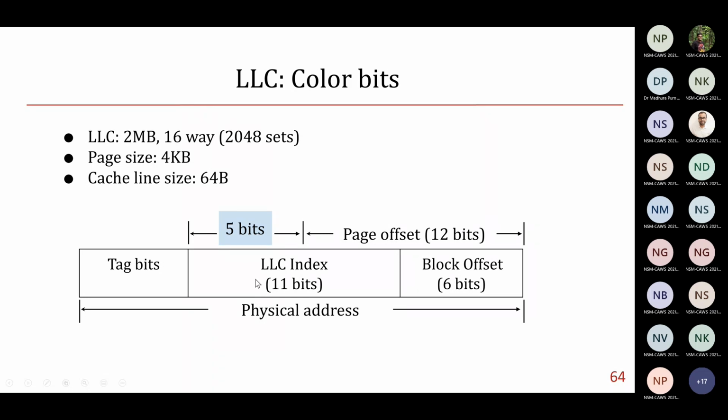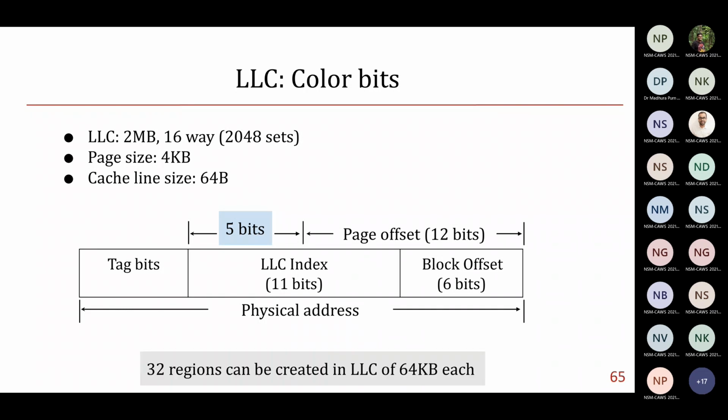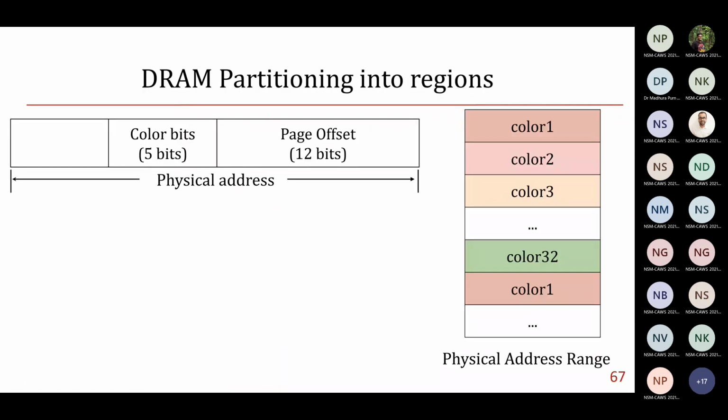Now, what you can do is use these 5 bits to make sure that all your indexing is mapped to 2 to the power 5 different regions. That's why it's called coloring, because it creates 32 different colors. And in this case, each region is of size 64 KB, depending on the numbers that we have discussed so far.